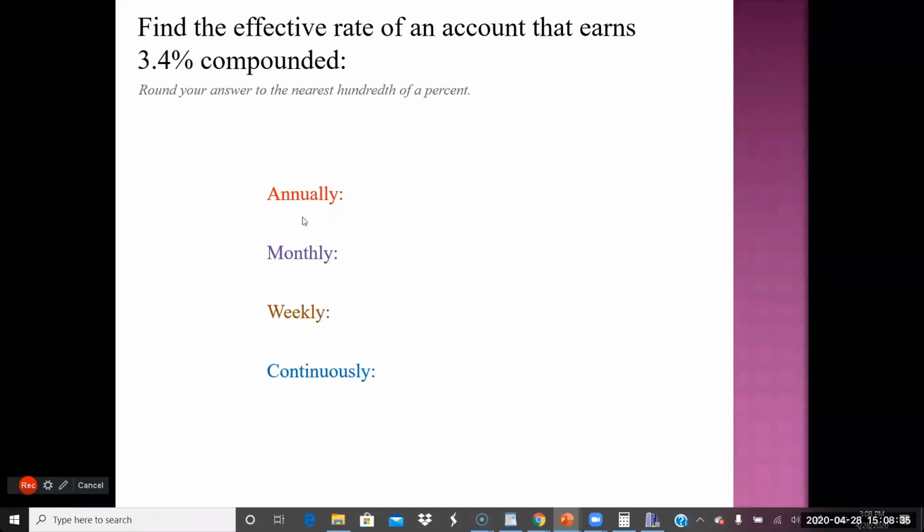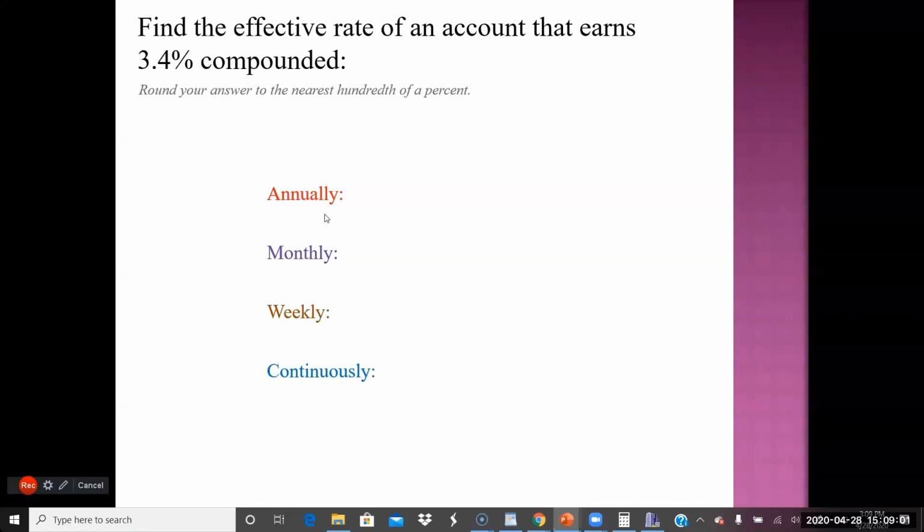So we can see amongst these four how much better it does. In this case, continuously, I'm going to guess that this is going to win, because the rate hasn't changed, but the compounding has. If you're compounding all the time, starting at the original interest rate, you're compounding interest over interest over interest, so this will win.